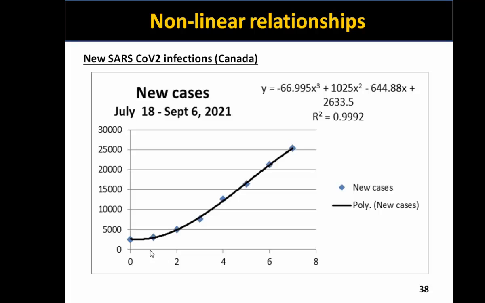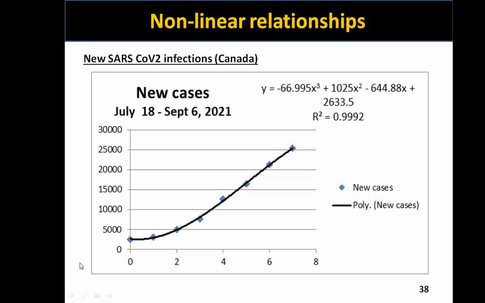If we look at the x-axis, these points represent weekly case counts in the entire country for the week ending July 18th all the way up to the week ending September 6, 2021.